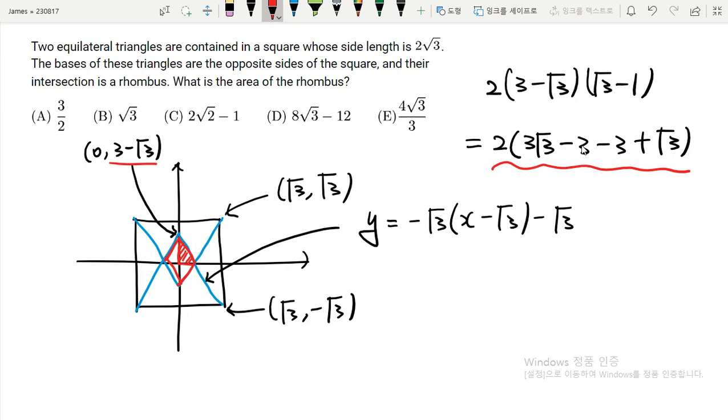Can you find the answer from the choices? Yep. So multiply 2 and then simplify. 2 square root of 3 minus 3. So it's like 2 times is 4, like this. Yep. So D, yep.